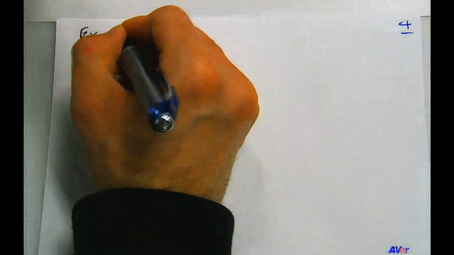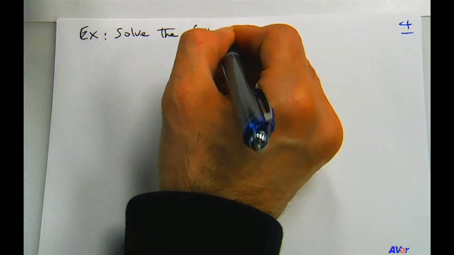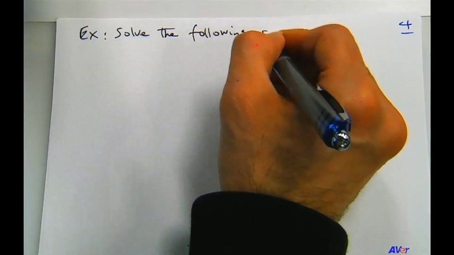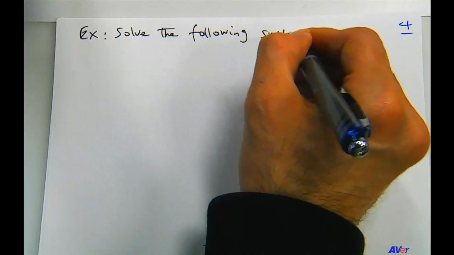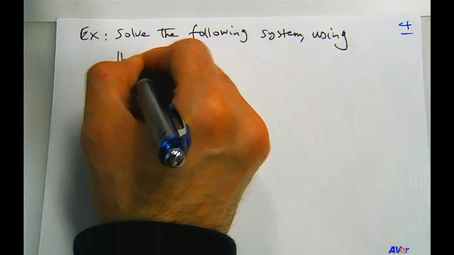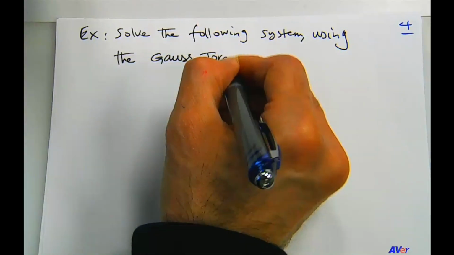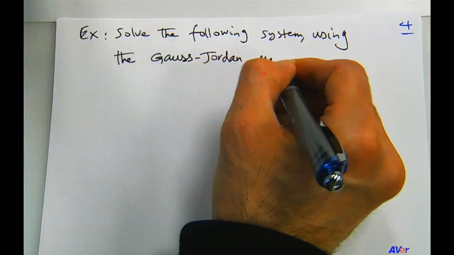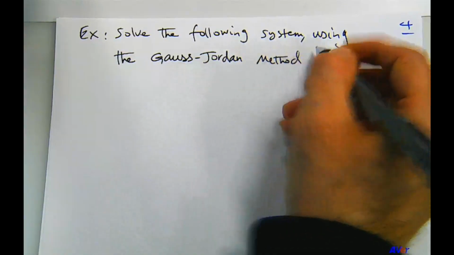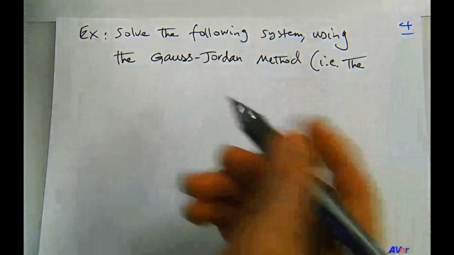Okay, suppose we want to solve the following system using the Gauss-Jordan method, i.e., and that's the other name for it, right?